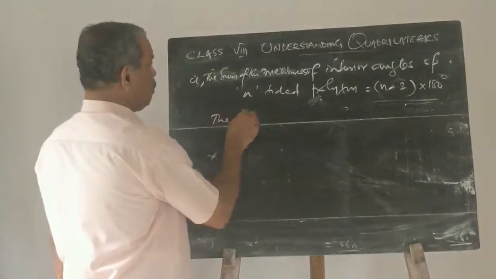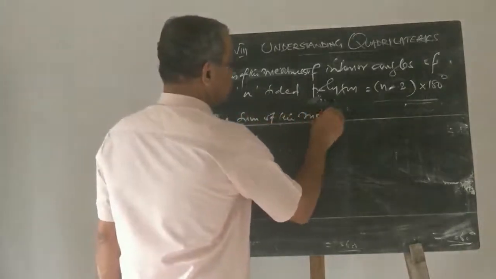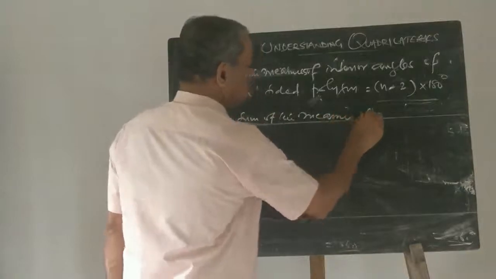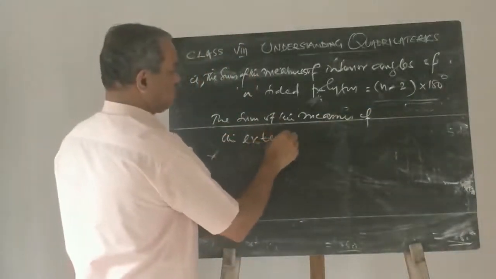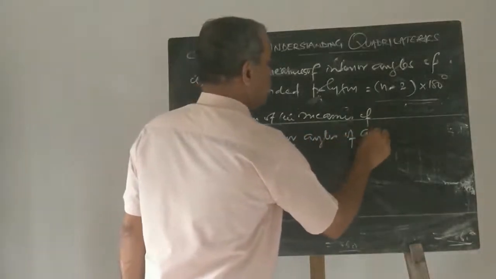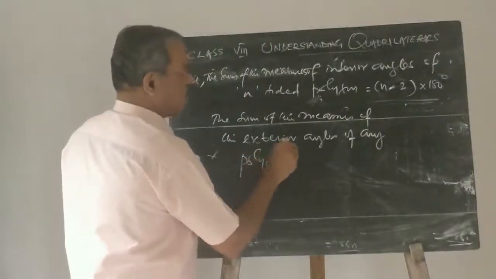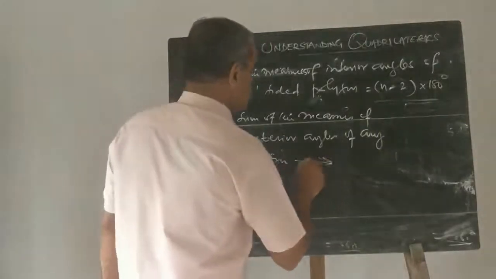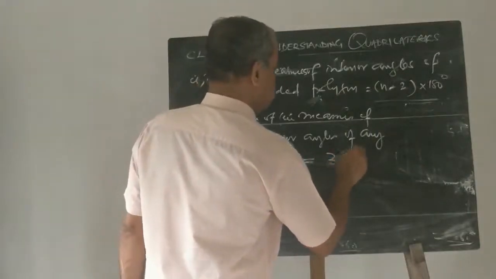Second, the sum of the measures of the exterior angles of any polygon is equal to 360.